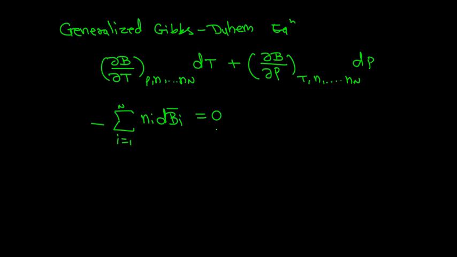So Gibbs-Duhem equation can always be generalized to represent any partial molar property, and the chemical potential itself is a partial molar property, specifically the partial molar Gibbs free energy. So now if we be specific, and suppose I want to know the partial molar internal energy.